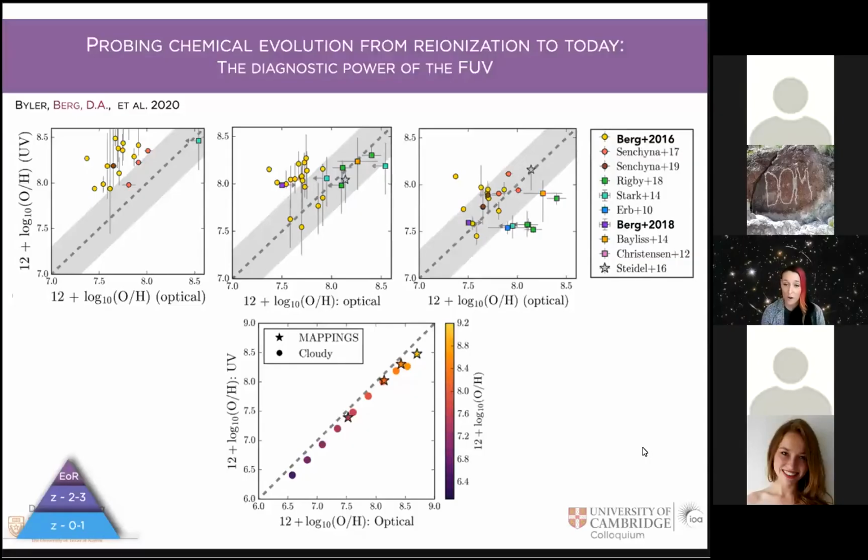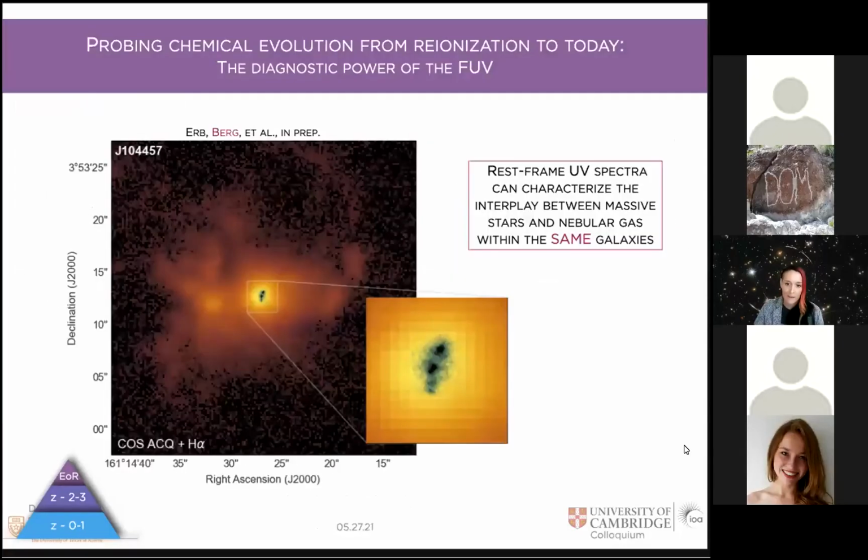And so far, we haven't been able to find any systematic way in which these are offset or vary. This is really telling us that we haven't harnessed this diagnostic power well enough yet to really know what's happening in these galaxies from the UV lines alone. And so that's a big challenge. But again, I'm going to highlight that there's a lot of potential there.